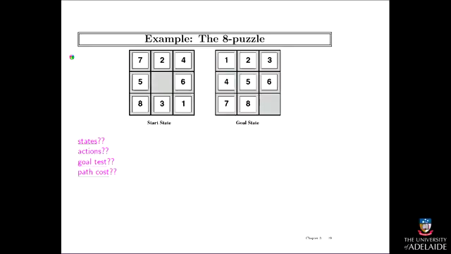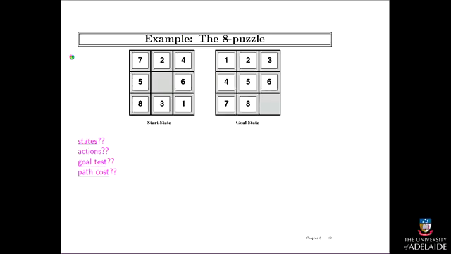Sort of a primary school thing where you have a bit of plastic, and rather than numbers, typically it would be a picture, and you jumble the picture up, and then you want to move these. You can see that the only possible moves at this particular state are for 2 to move down to here, 6 to move left, 5 to move right, or 3 to move up. So you've got a limited set of moves, and you'd like to reconstruct the picture, or in this case, get the numbers back in the order 1, 2, 3, 4, 5, 6, 7, 8.